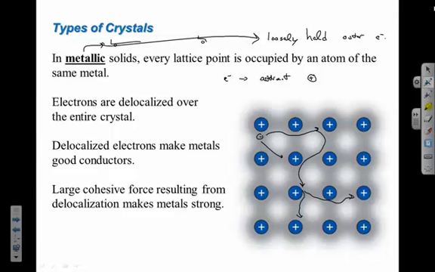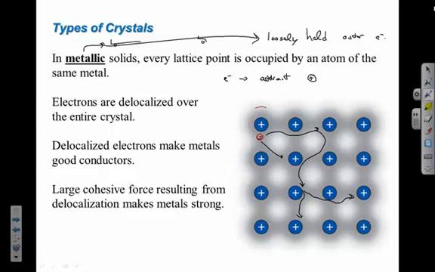The whole thing has soupy electrons over all of it. And so in effect, each individual electron can attract to all the nuclei at once, because it can move anywhere. That holds the whole metal together, so that the electrons can continue to flow.